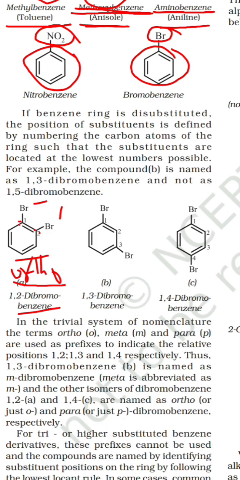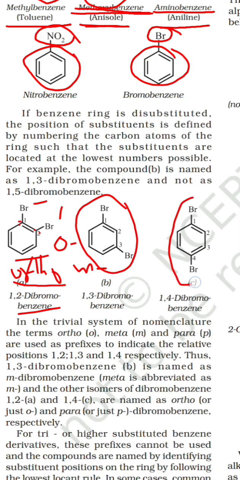So ortho, we do not have to write totally, just simply a small o, o-dibromobenzene, means ortho dibromobenzene. And this is 1,3 dibromobenzene, or it is also called meta dibromobenzene. And this is 1,4 dibromobenzene, or this is para dibromobenzene.